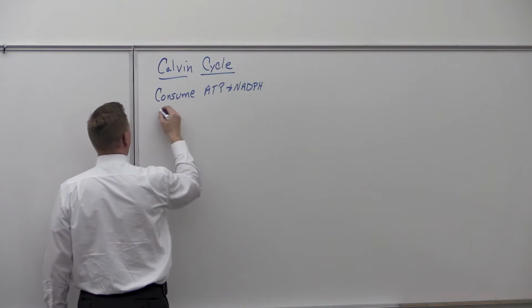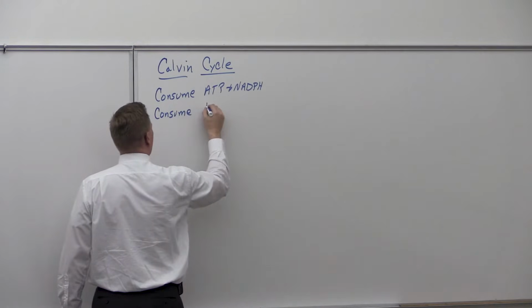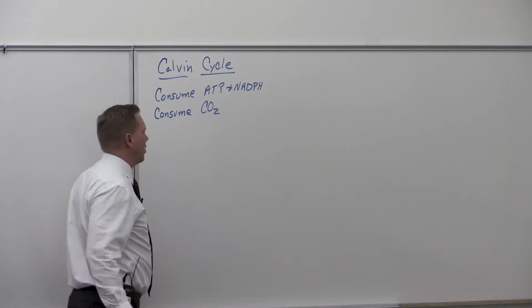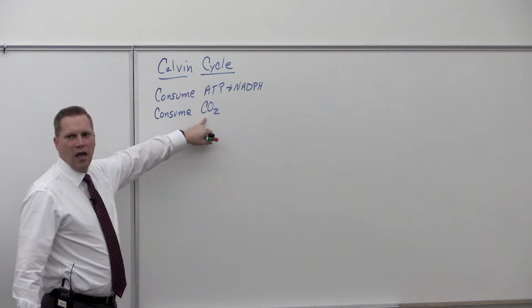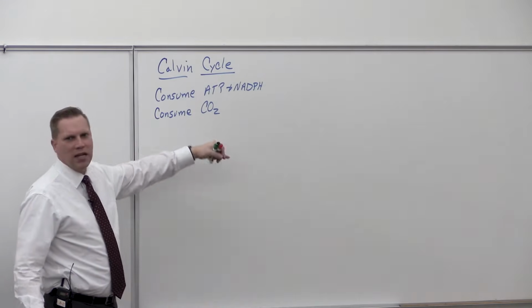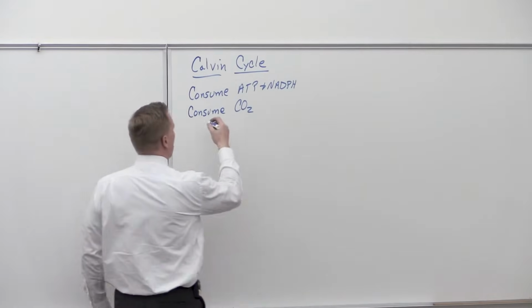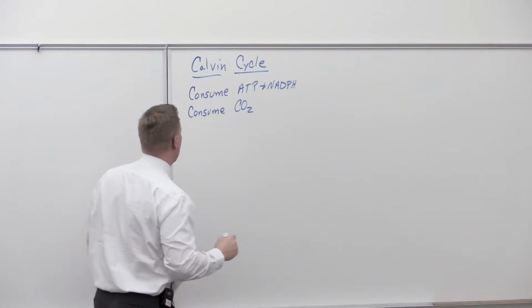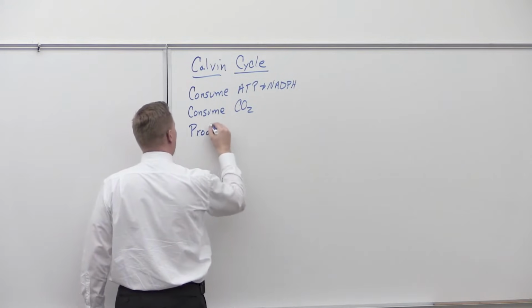We're also going to consume CO2. So this is how we're going to take thin air, the CO2 in the air, and incorporate it to start making organic or biological molecules.